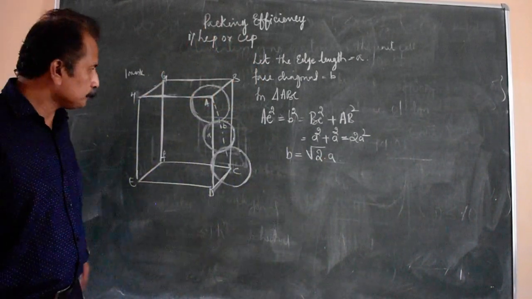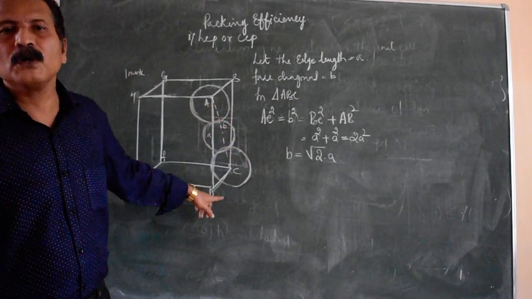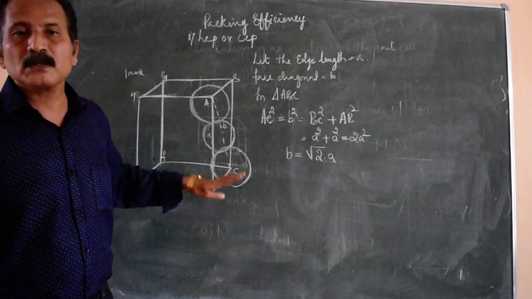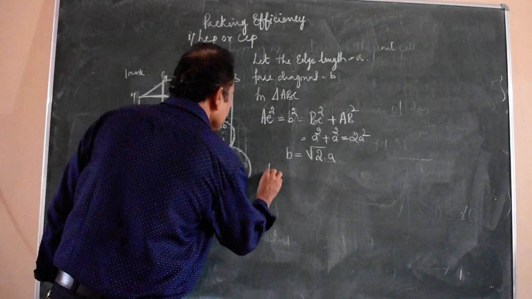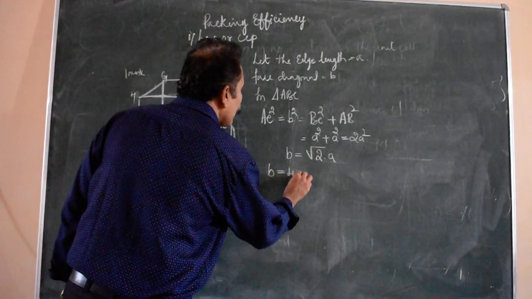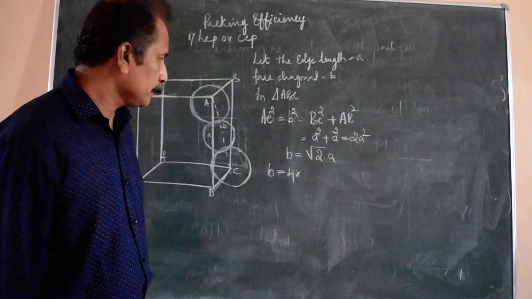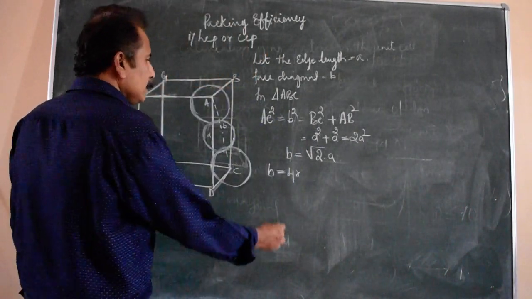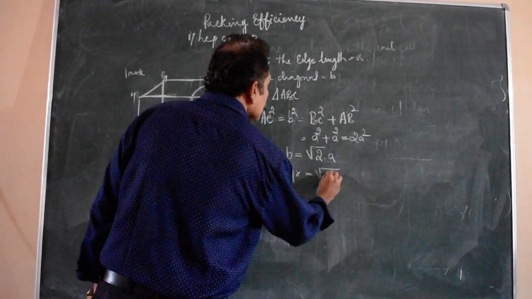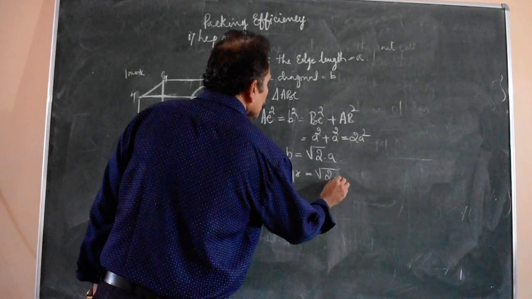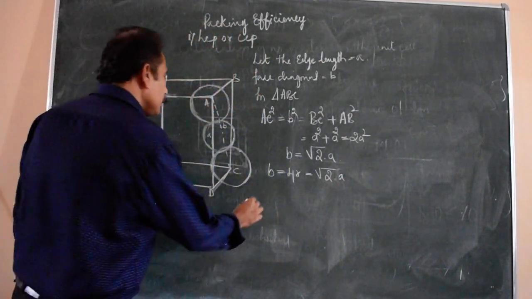Okay. Now, this B, the face diagonal, is always equal to the radius of 4 spheres. Or we write B is equal to 4R, where R is the radius of the sphere. Now this is equal to root 2 into A. Isn't it? So A is what?